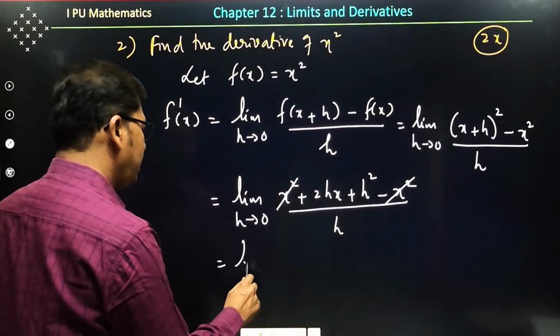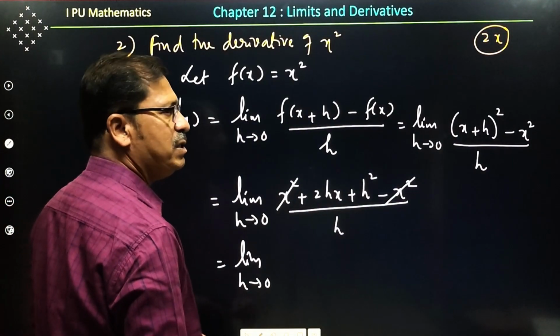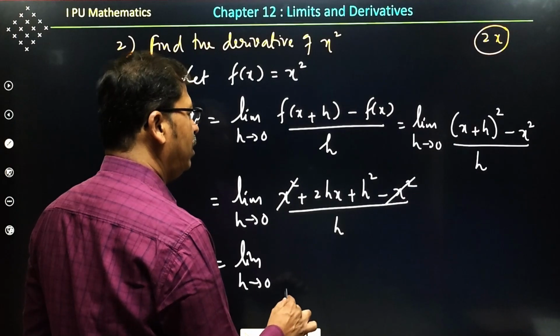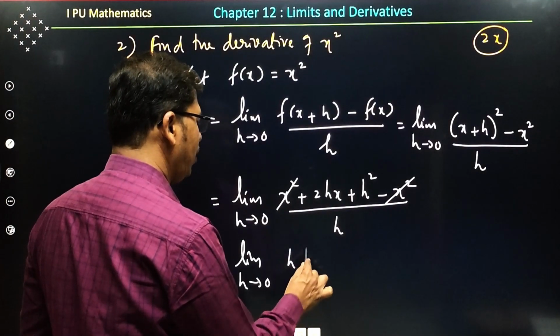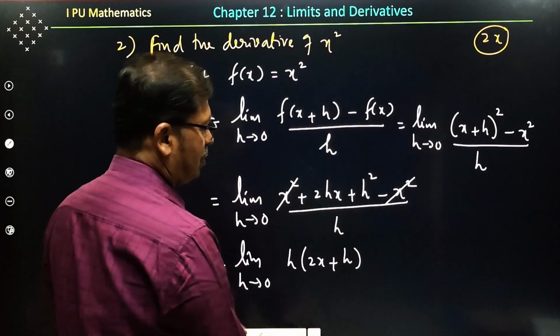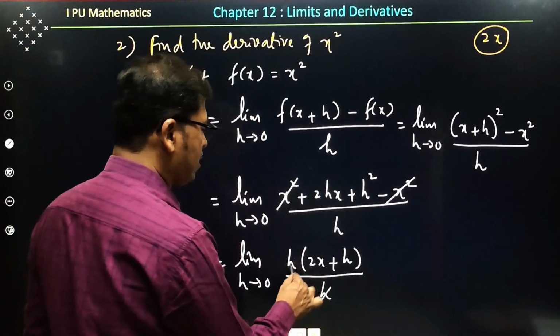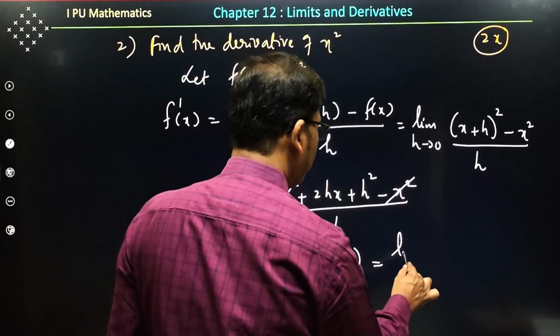This is equal to limit h tends to 0, 2hx plus h square is there. From that we take common h. By taking common h, 2x remains plus h remains. (2x plus h) whole divided by h here. So h cancels.